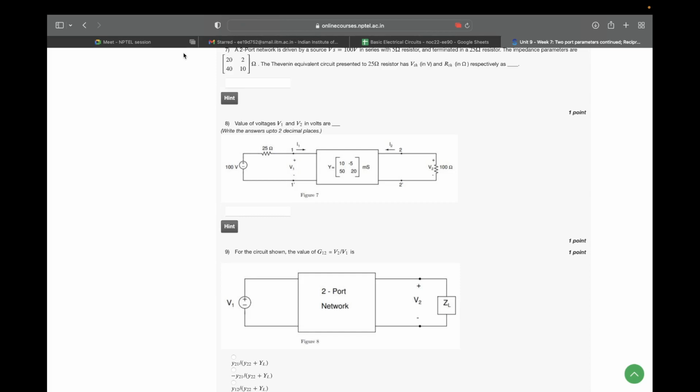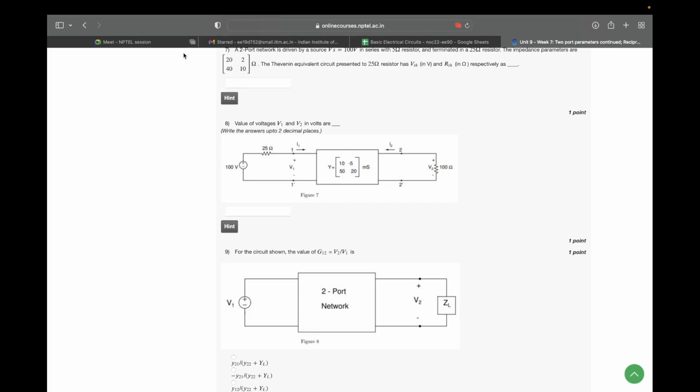In the other port, since this is a current controlled voltage source, we have V1 equal to minus 20 times I2, and no voltage will be developed across this 5 kilo ohm resistor because it is open circuit. So Z12 we get as minus 20.